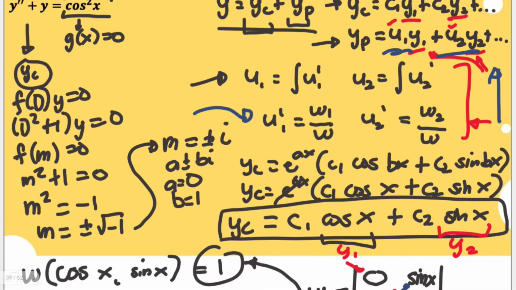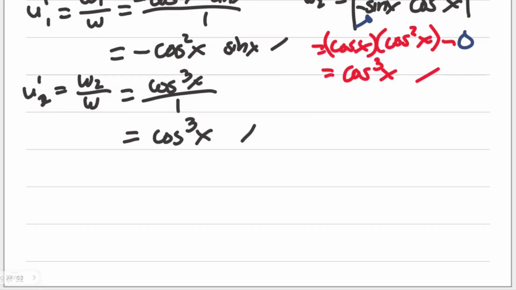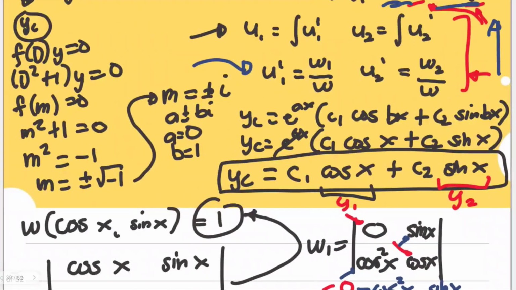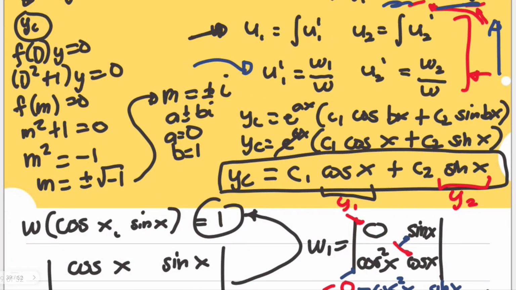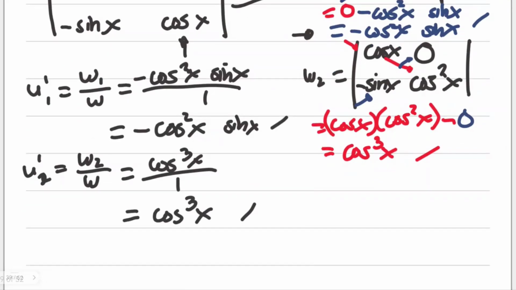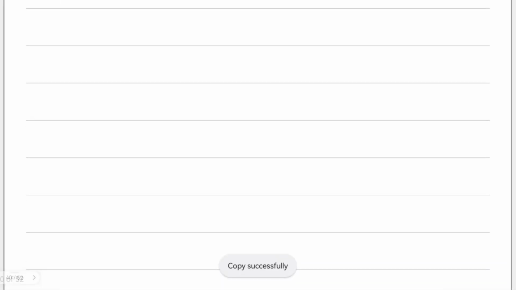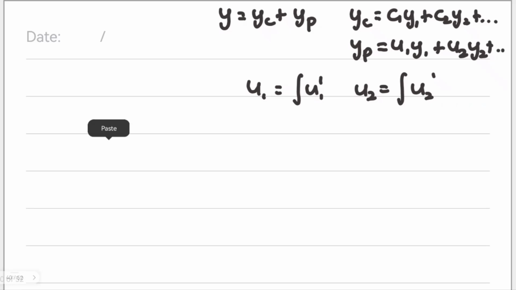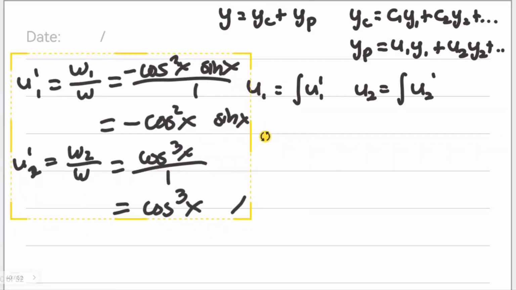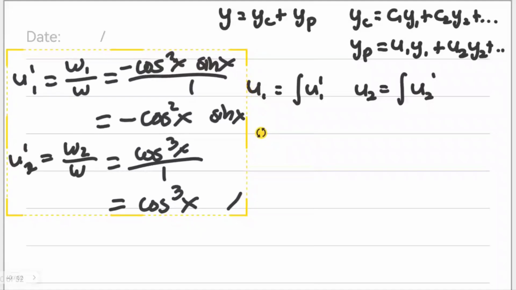Now let me use this second page because I believe the spaces here are not enough, because we are going to integrate them to solve for U sub 1 and U sub 2. In short, let me copy these values, and go to my next page where I already posted the different formulas as well.